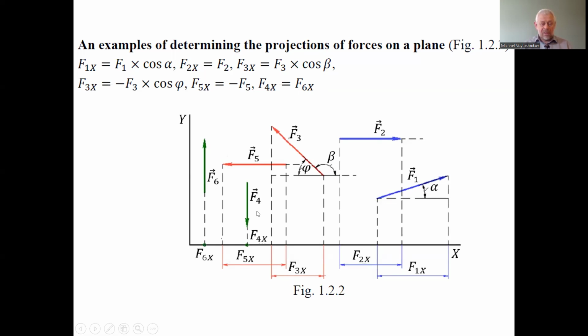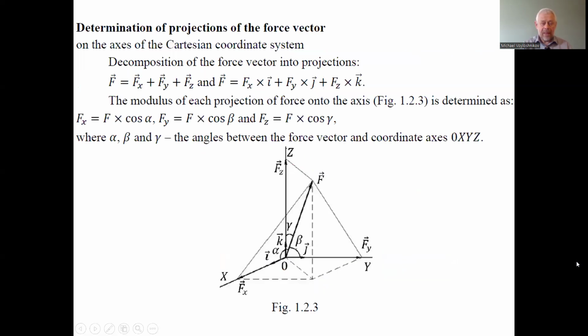That's why the cosine is equal to 0 in the product of the magnitude of each force by the cosine of the angle between each force and the abscissa axis. This cosine is equal to 0, so the projection of each of these forces on the abscissa axis is 0.